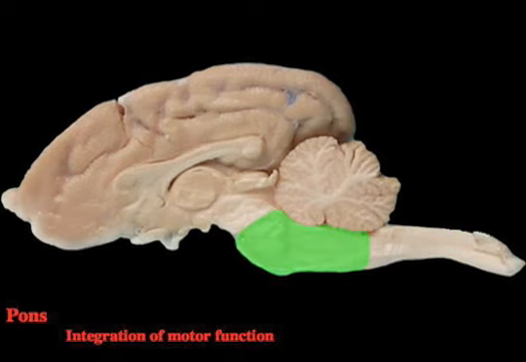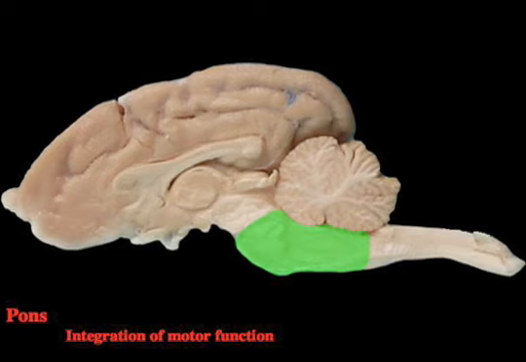Next up is the pons. Pons is Latin for bridge. The current Italian is ponte, like the Ponte Vecchio. Yep, it's a bridge. And it bridges not only motor function which it integrates, but also the two sides. It's one of the main bridges between left and right.